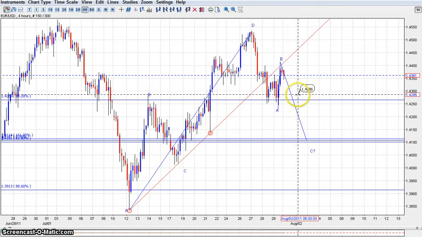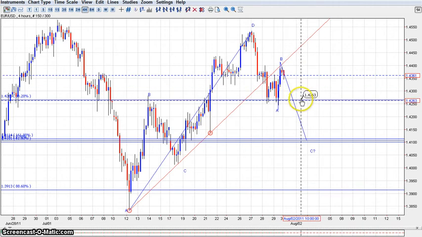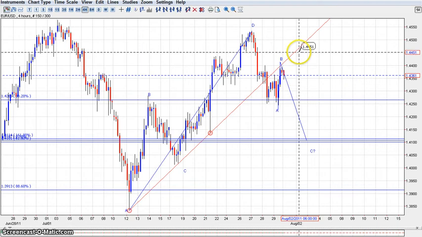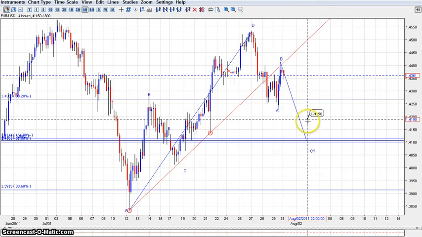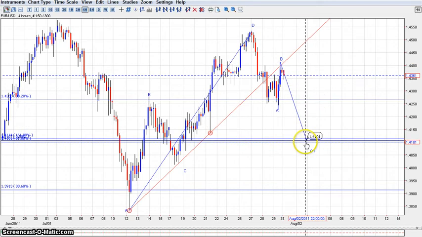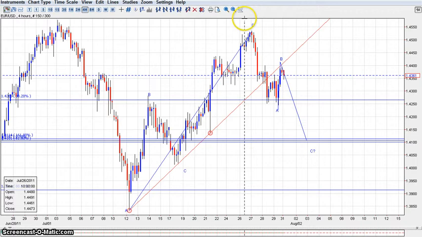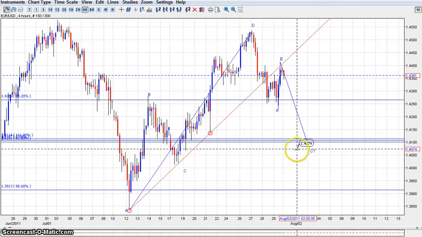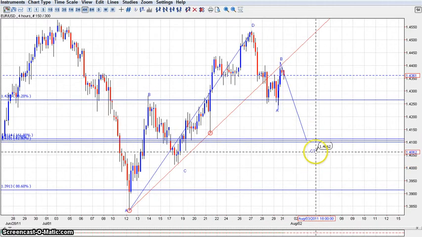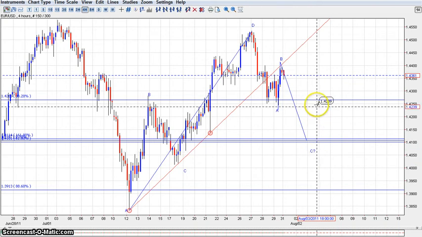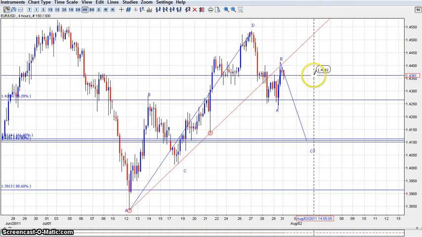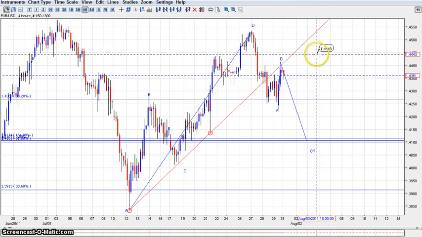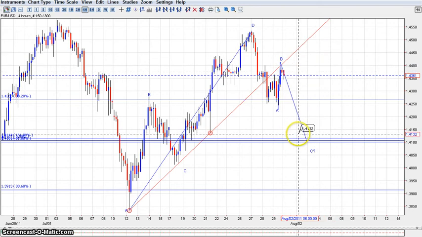So once price reaches this level here and breaks below it, I'll probably tighten my stop, and ultimately target this area here, which is the C point. If this is an ABC correction to this 5-wave rally, the C point should end here, so that will be my target. So that's an entry order at 1.4390, and a market order right now, stop at 1.4450, and target at 1.4110.